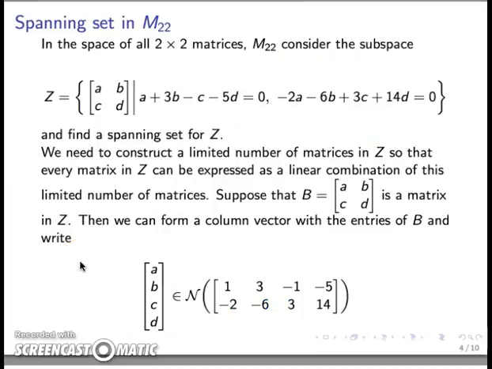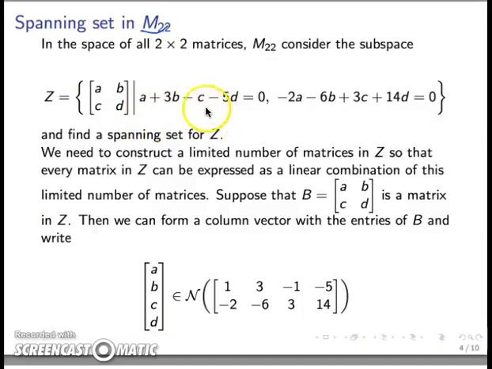And now we revisit this example of a subspace. This is a specific example we had previously worked with. This is a specific subspace of M sub 2,2. These are 2x2 matrices such that the entries of those matrices satisfy these two equations, and we consider A, B, C, and D as unknowns or variables.